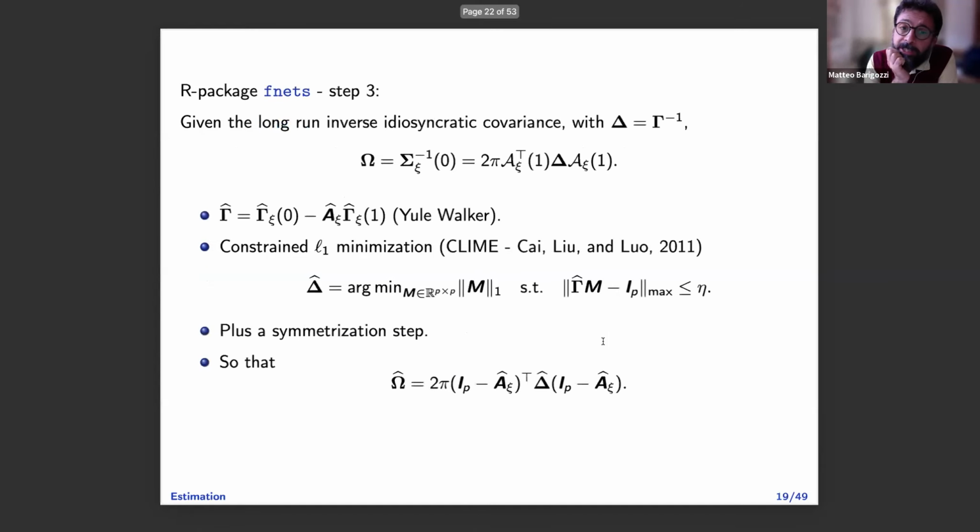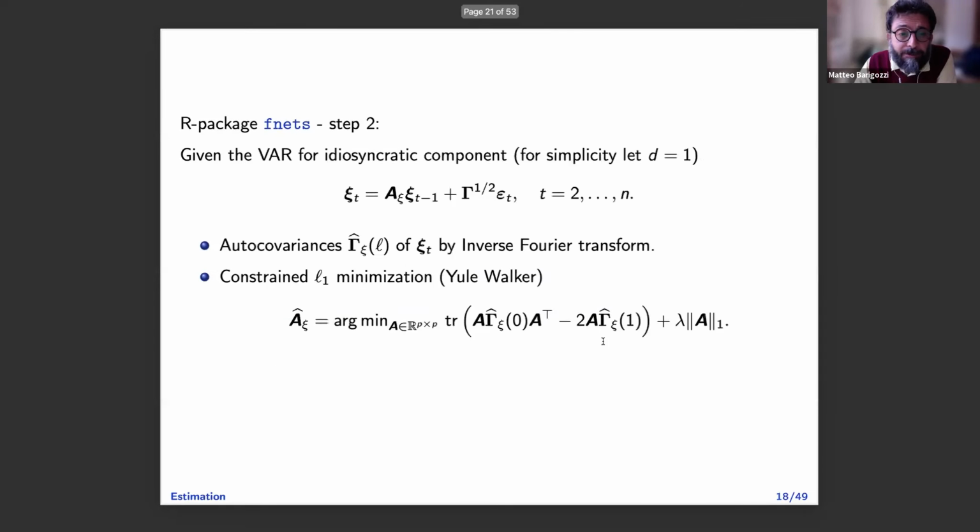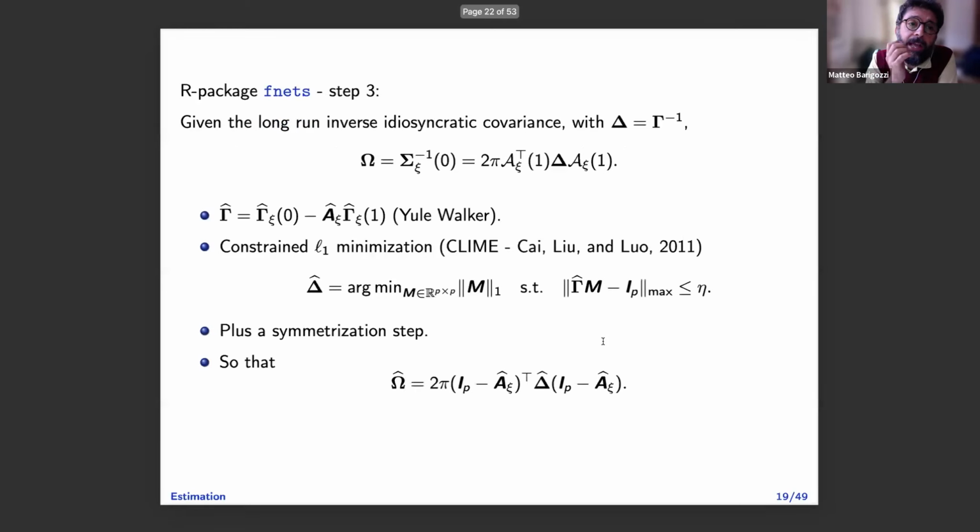So third step, this is enough if you just want the A's. Third step, if you want the network, then you have the formula. What you need is an estimator of gamma, the covariance of the errors, and then the inverse. So first you get gamma, with Yule-Walker again. And then delta, the inverse, can be obtained by this.